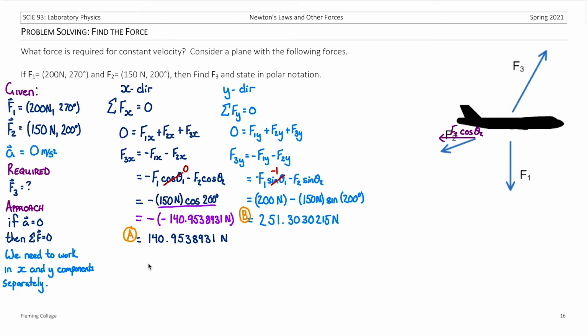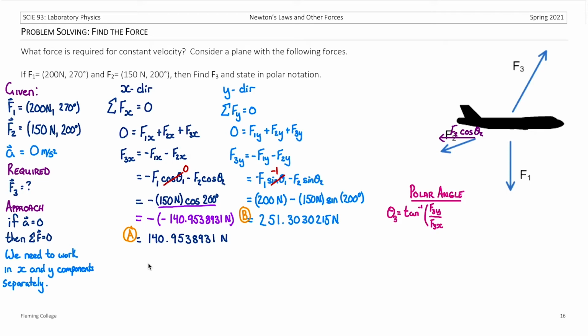Now let's work on completing the last step, converting to polar notation. In this case, when we're looking for the angle, we're looking for theta. We calculate that from tan inverse of force 3's y component divided by force 3's x component.